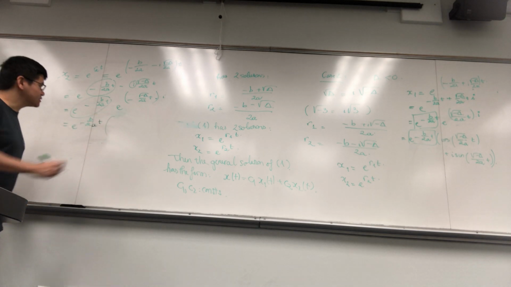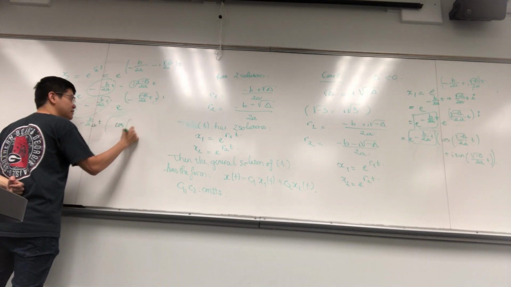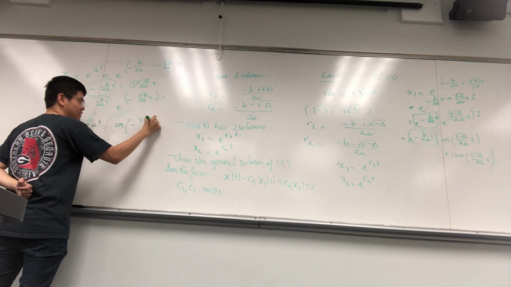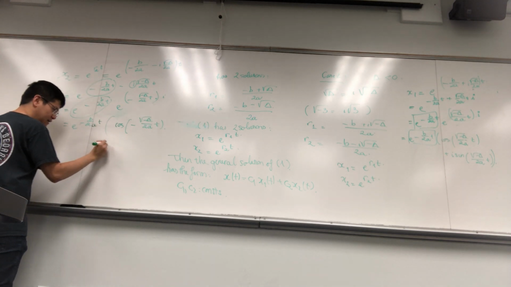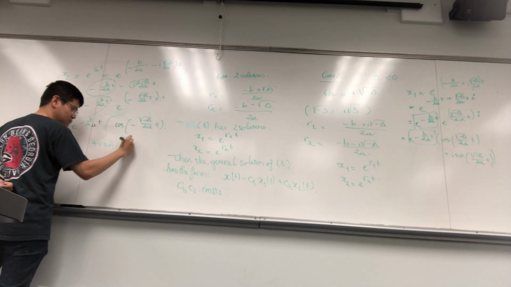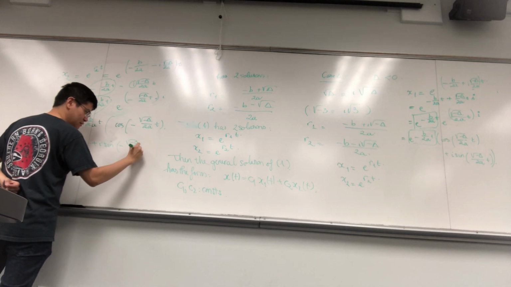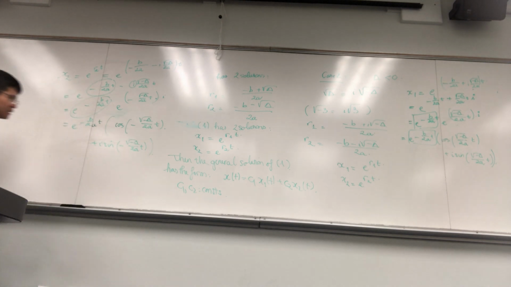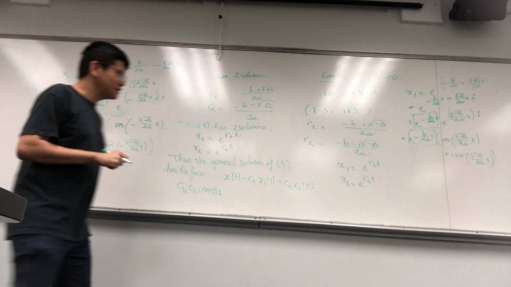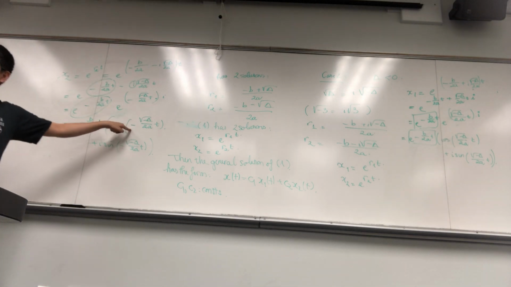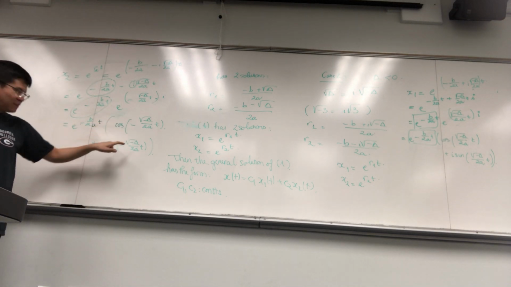So here you're going to get cosine of square root of minus delta over 2a times t plus I sine of minus square root of delta over 2a times t. Questions? How can I get rid of the minus here and the minus here?